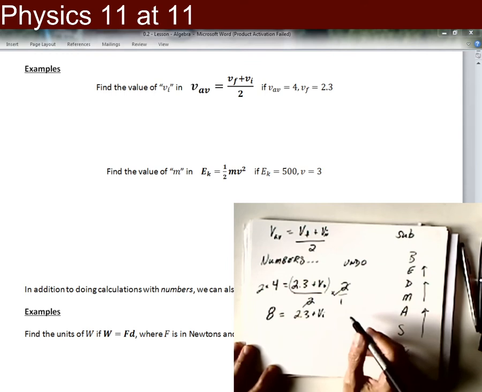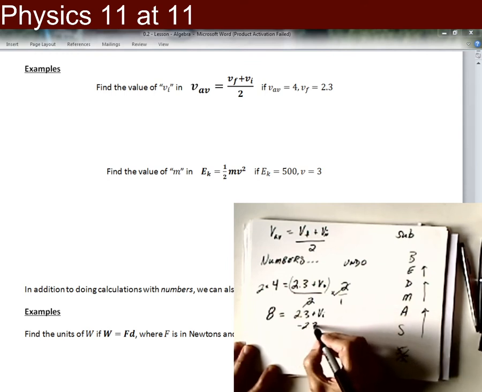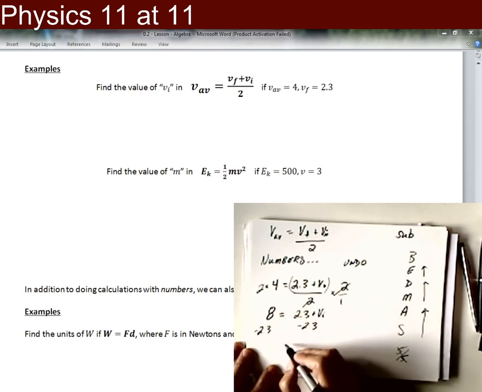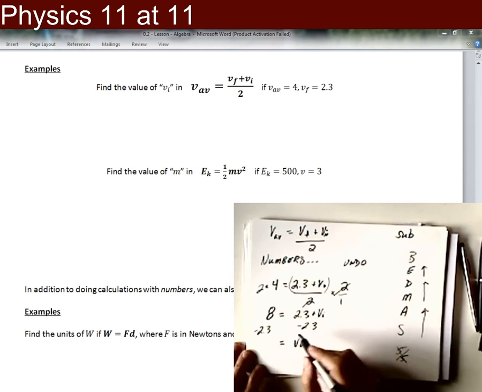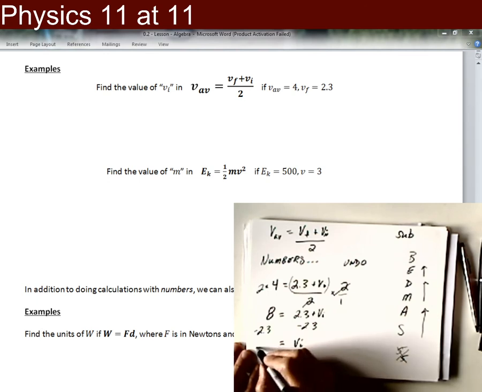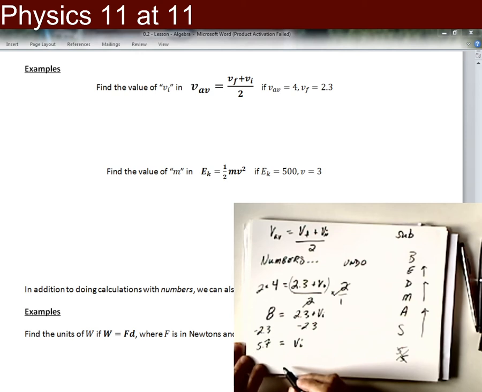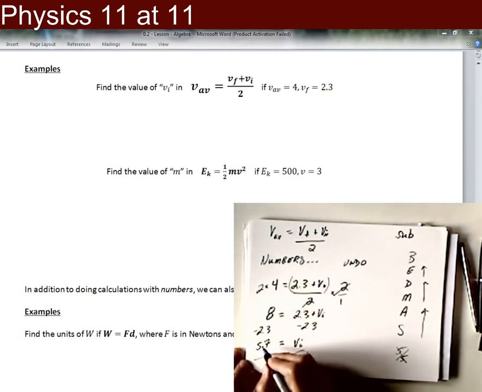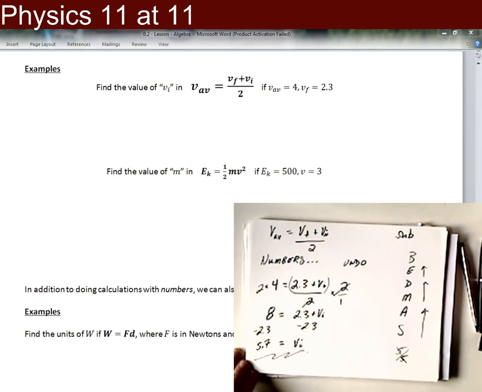So to get VI by itself, we do the opposite of plus 2.3. Subtract it away. Subtract it away. And so now you get VI is equal to 5.7. I'm going to assume meters per second, but officially it doesn't say. So 5.7 is what we get by doing this good work here.